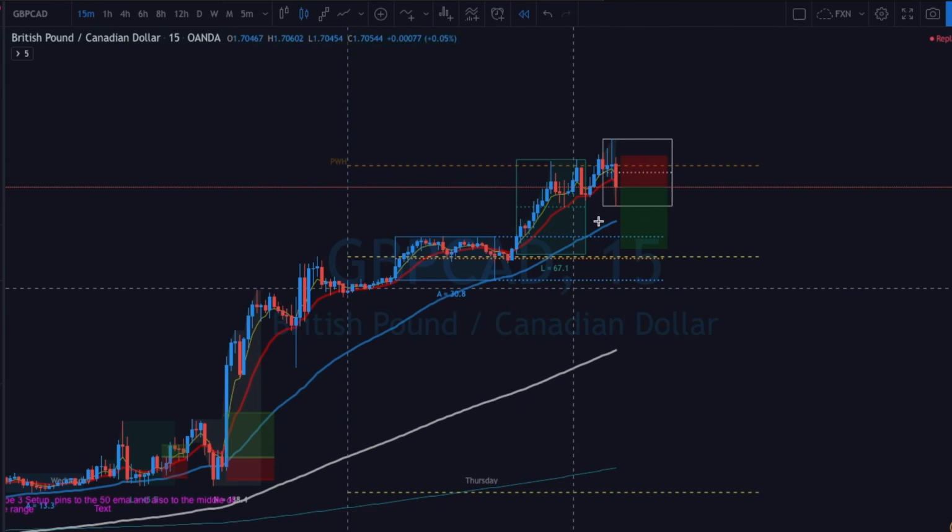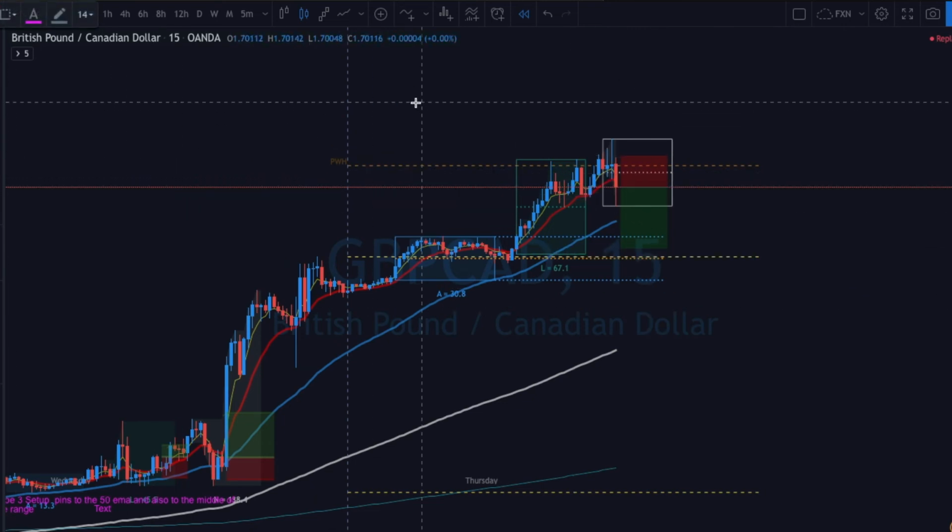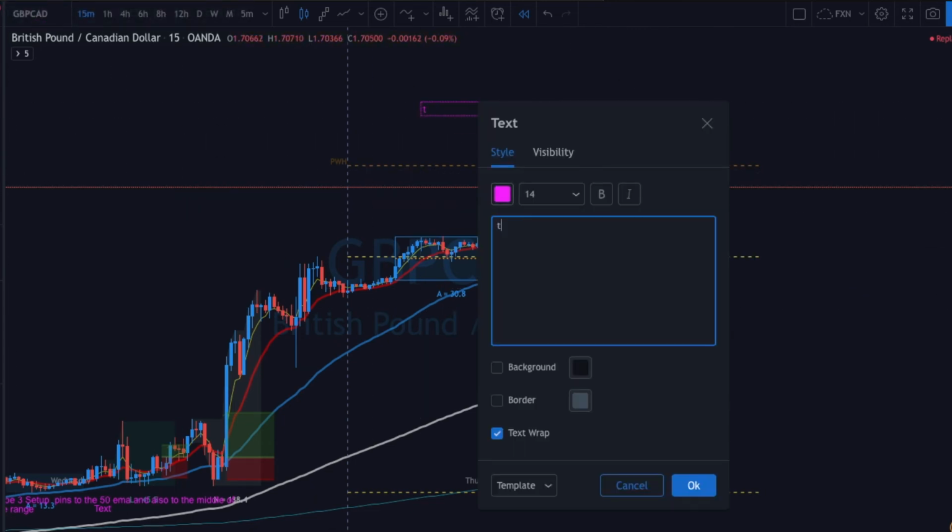Right? So go ahead and put in your thing, type 1 setup. You can put pin to, what was that? Pin to previous week's low. And see, Thursday, midweek reversal.